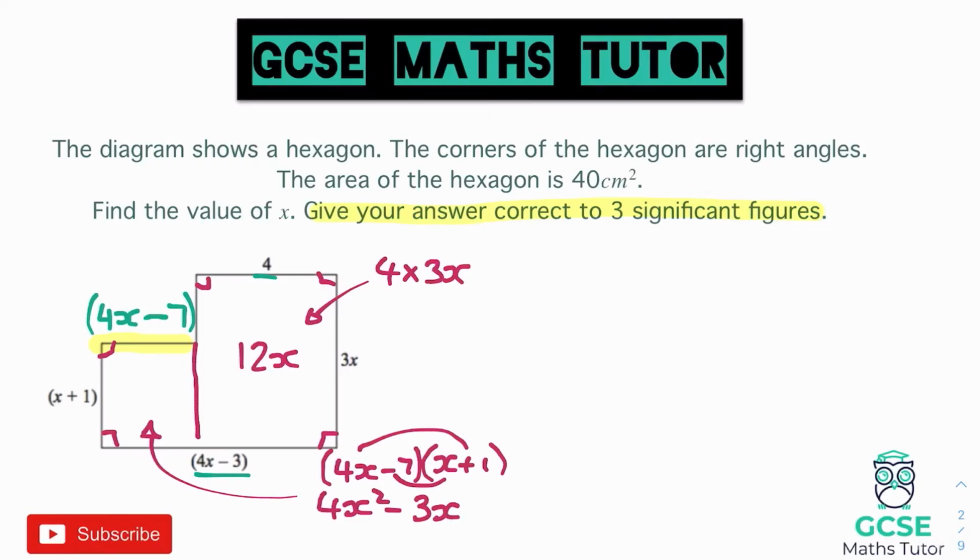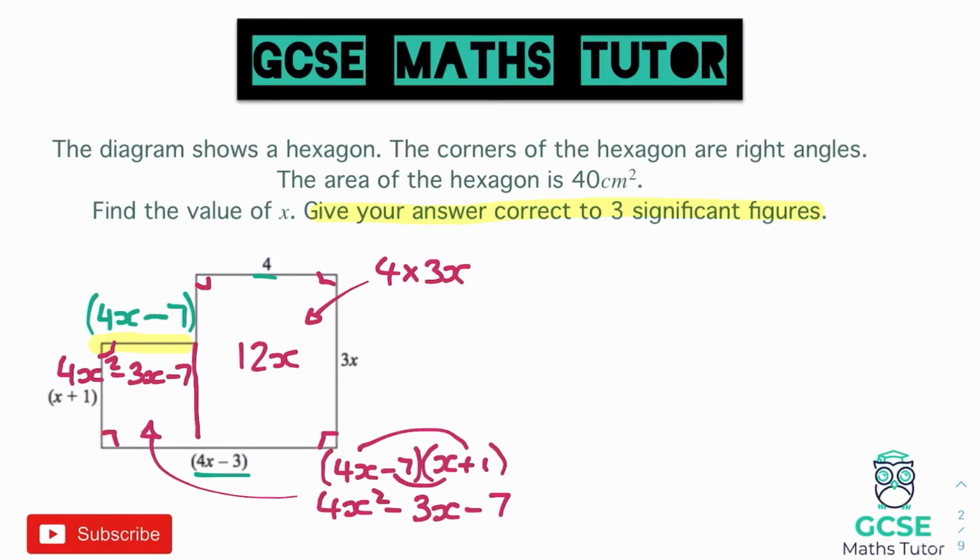Remember not to skip those steps unless you're super confident with that. We have 4x take away 7x, and 4 take away 7 is minus 3, so it's minus 3x in total. And then multiplying those two numbers together, negative 7 times 1 leaves us with minus 7. So that's our expression for that bit of the area. It's quite large, so I don't think I'll be able to fit it in, but we'll put it over here anyway. So we have 4x squared minus 3x minus 7. Can just about fit that in there.